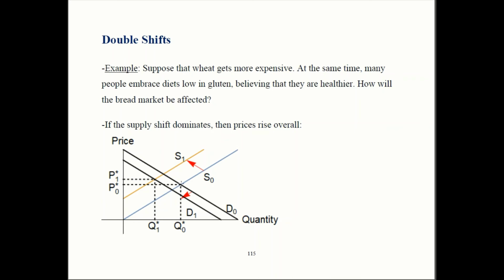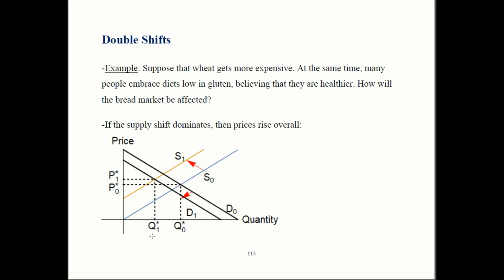That's our starting point. New supply, that's up over here, S1. New demand, that's down here, D1. They cross over at this point. We label that P1, Q1. As you can see, P1 is above P0, so prices rose in this case. Q1 is below Q0, so quantity fell.